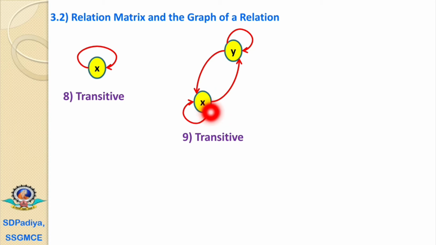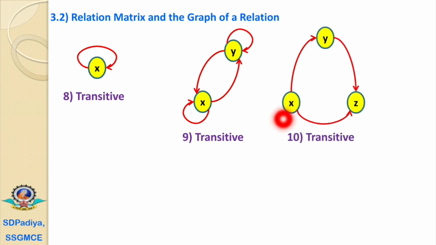That's why we consider it reflexive. The x has a relation with y and y has a relation with x, then it is symmetric also. And the x has a relation with y, then y has a relation with x, then x also has a relation with x. That's why it is transitive also.